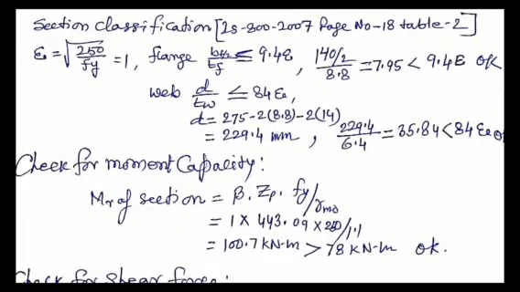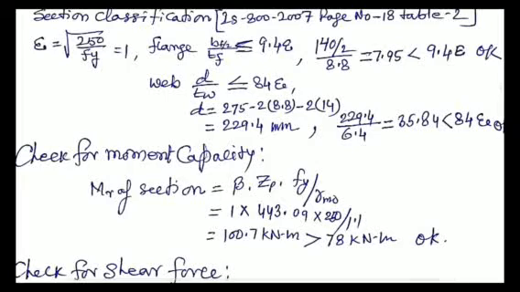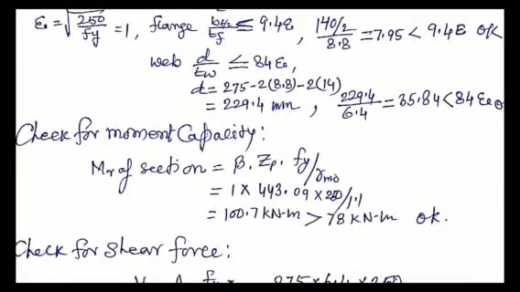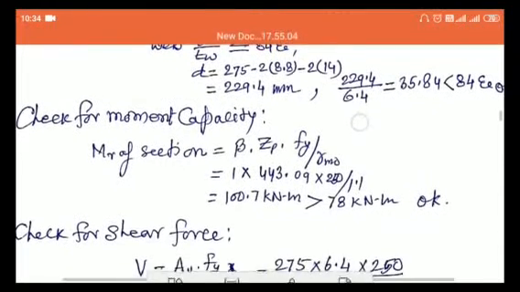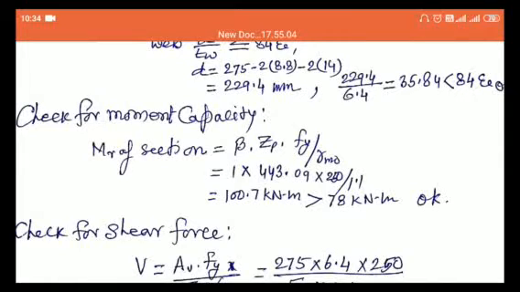Now the web ratio, depth of the web divided by thickness of web, should be equal to or less than 84 epsilon. Here depth D is 275 minus 2 times thickness of the web and 2 times thickness of the flange.